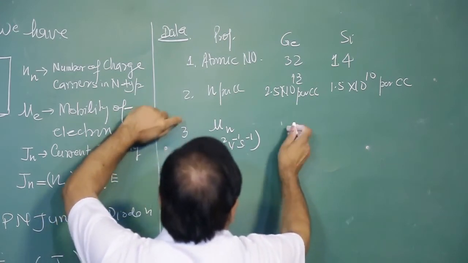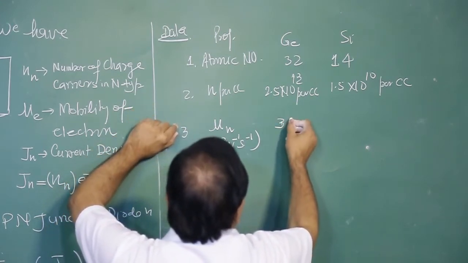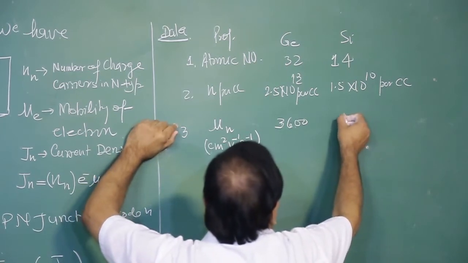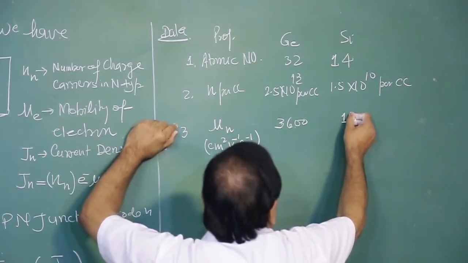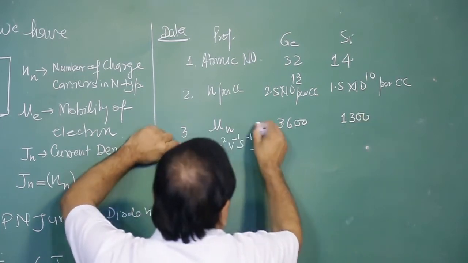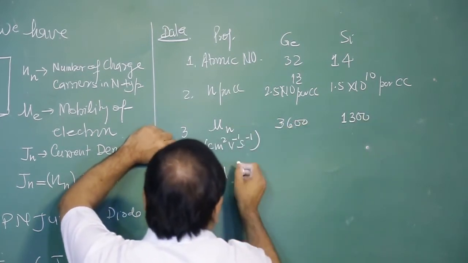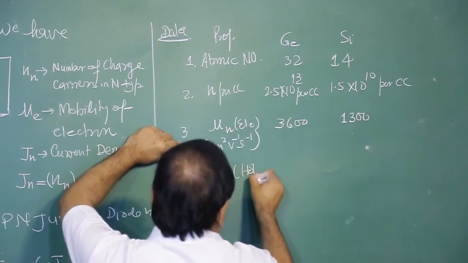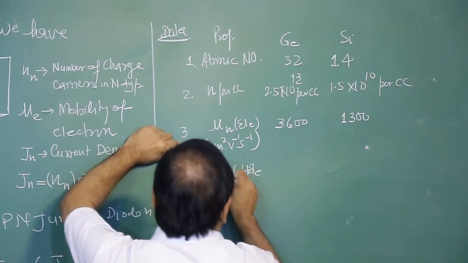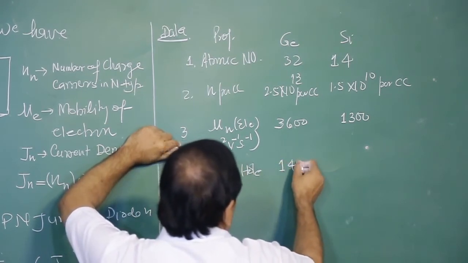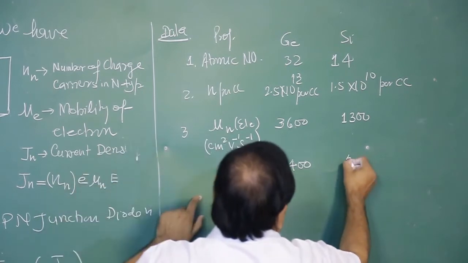This value is 3600 for germanium, and here it is 1300 for silicon, mu n for electrons. And for holes, this one is 1400 and here it is 500.